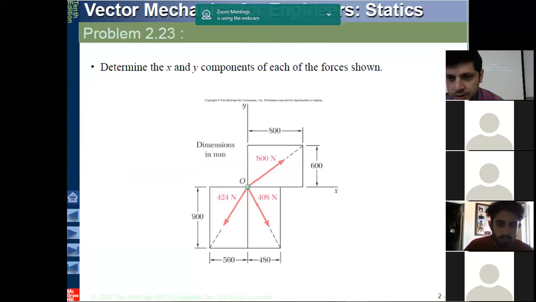We have three forces, and you don't have the angles here, but you have the dimensions in X and Y, so you must be able to calculate sine of theta and cosine of theta. So if you have any problem with that, please just give me a text so I can unmute you to ask questions.